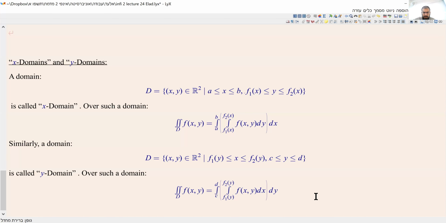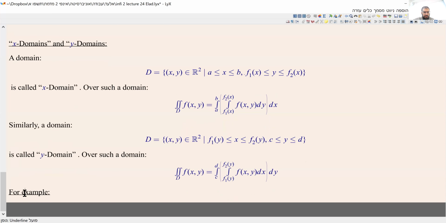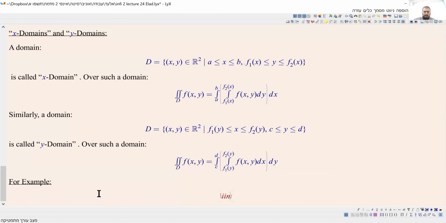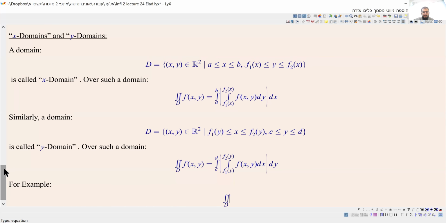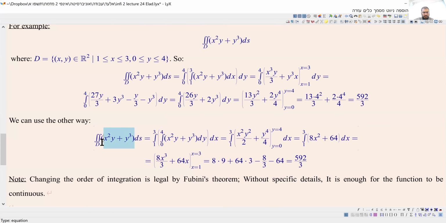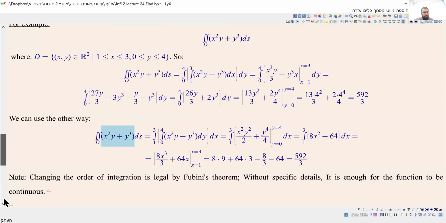Well, let's have an example. Let's calculate the integral over D of the following function. Same function as the first example. I mean, why not? Why shouldn't we?